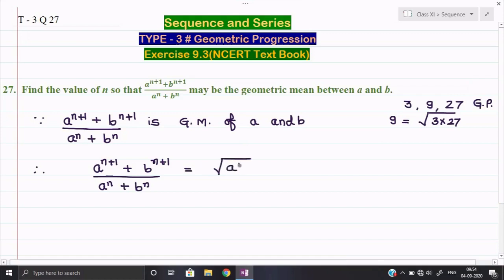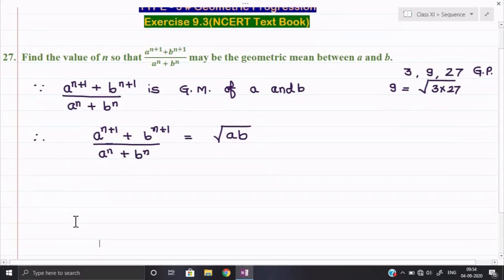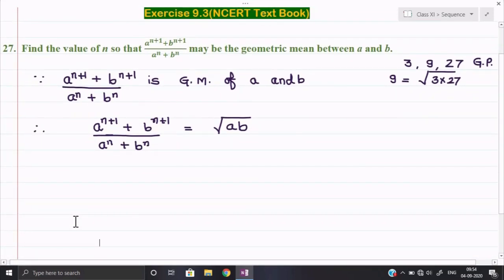Whichever is the geometric mean will come on one side, and the square root of the multiplication of the first and last terms will come on the other side of the equation. This is the main turning point of the question. After that we only have to simplify the given equation and then get the value of n.